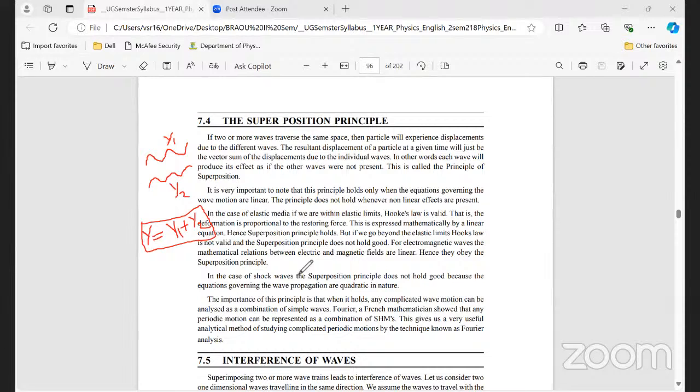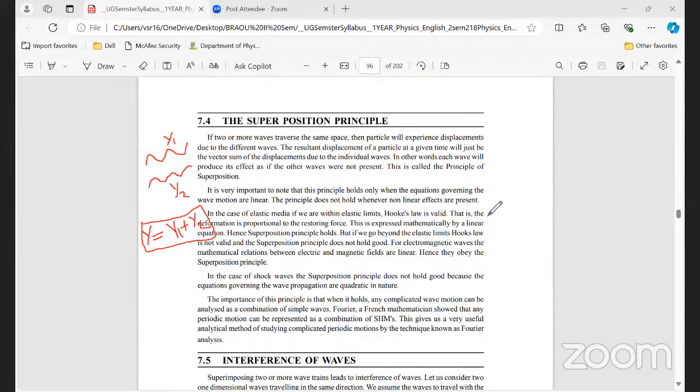Most probably we have to discuss the interference case. Like that, this gives you the superposition principle. That means the total displacement of two or more waves equals the sum of the displacements of the individual waves; that is nothing but the superposition principle.